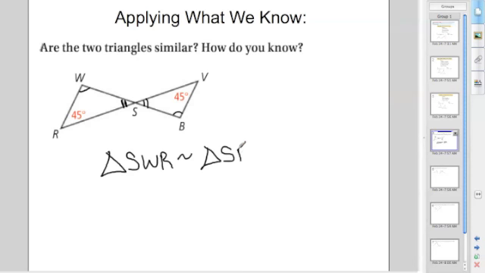B, V, by the angle postulate. And here is our similarity statement, and our reason, by the angle postulate. Two angles congruent makes the third one congruent, therefore makes similar figures, or in this case similar triangles.